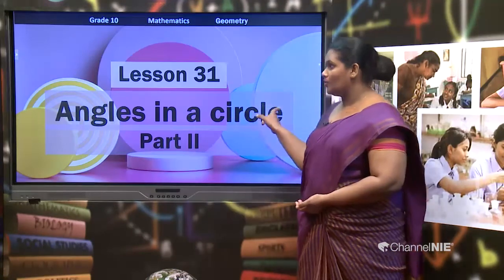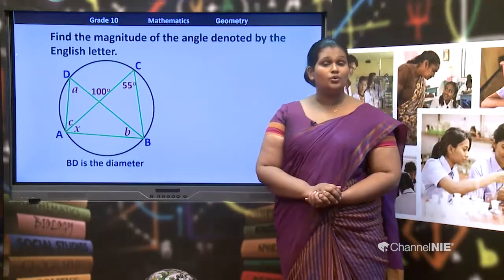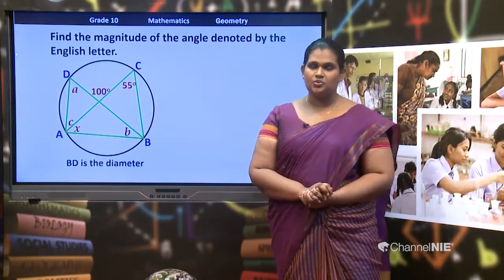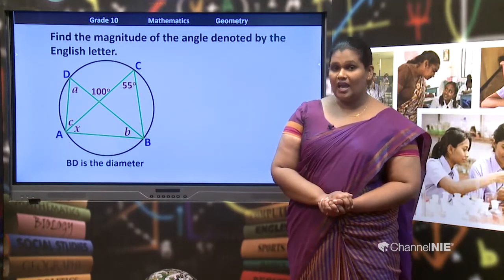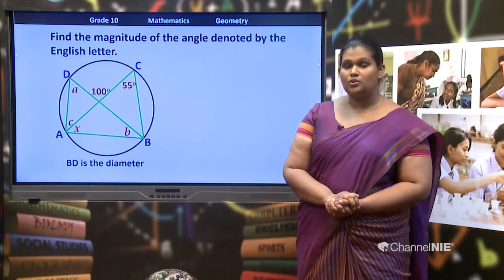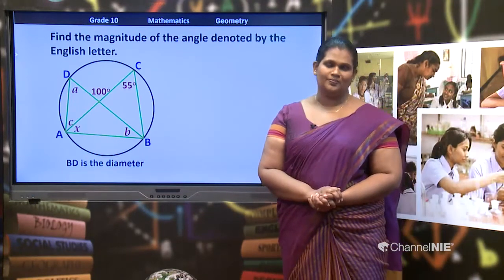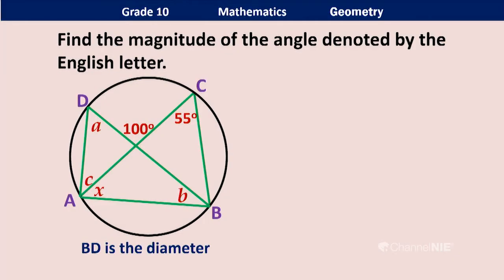Those are the three theorems we have discussed in the previous lesson. Today we will go through some questions related to those three theorems and some more questions related to proofs. This is my first question. Find the magnitude of the angle denoted by the English letter.